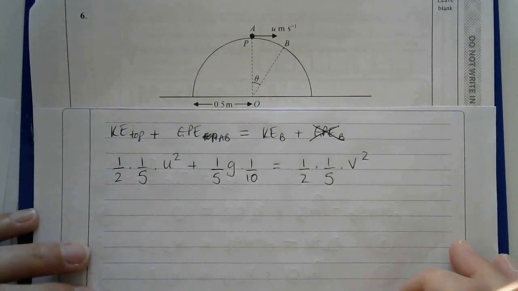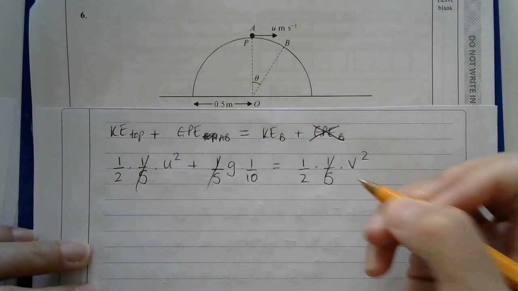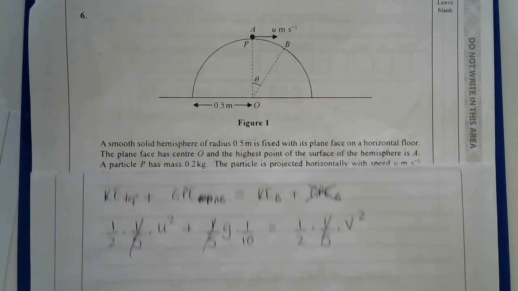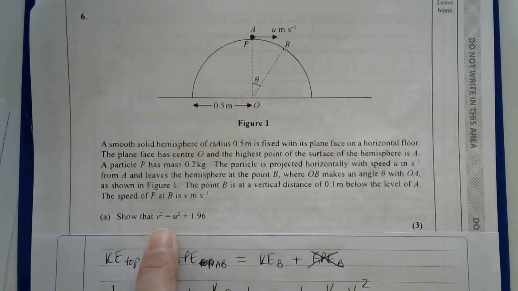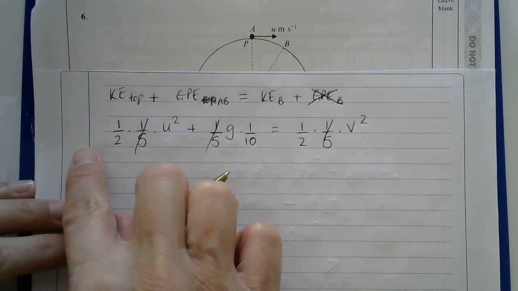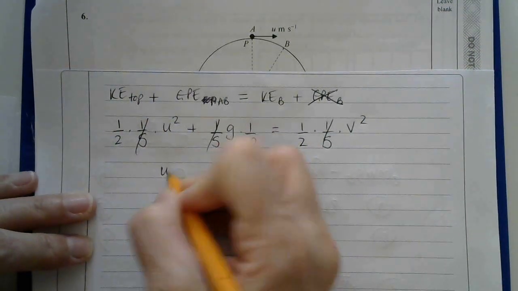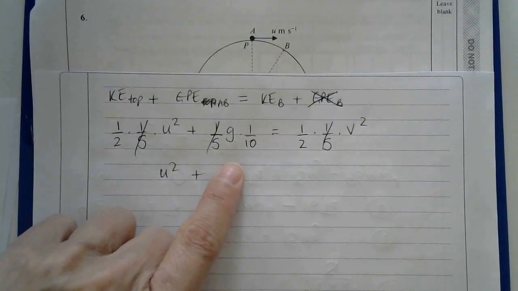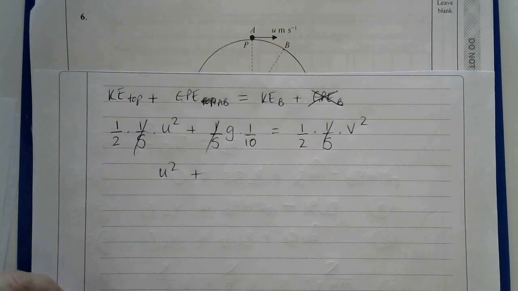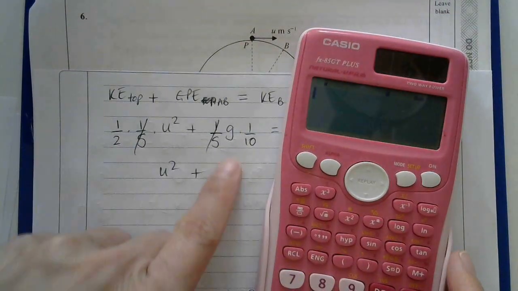Okay, so I can see that I have a fifth everywhere, so I can divide through by that. I want to end up with something where v squared is on its own, so I need to multiply everything by 2. And so if I multiply this by 2, I get u squared. If I multiply this by 2, I can see in the expression that they just had a decimal, so I'll just type all of this into my calculator.